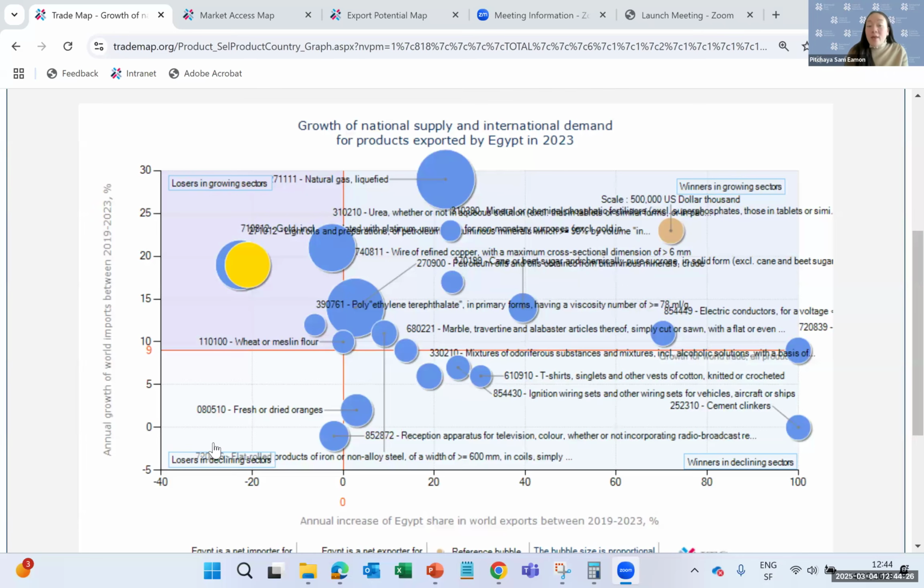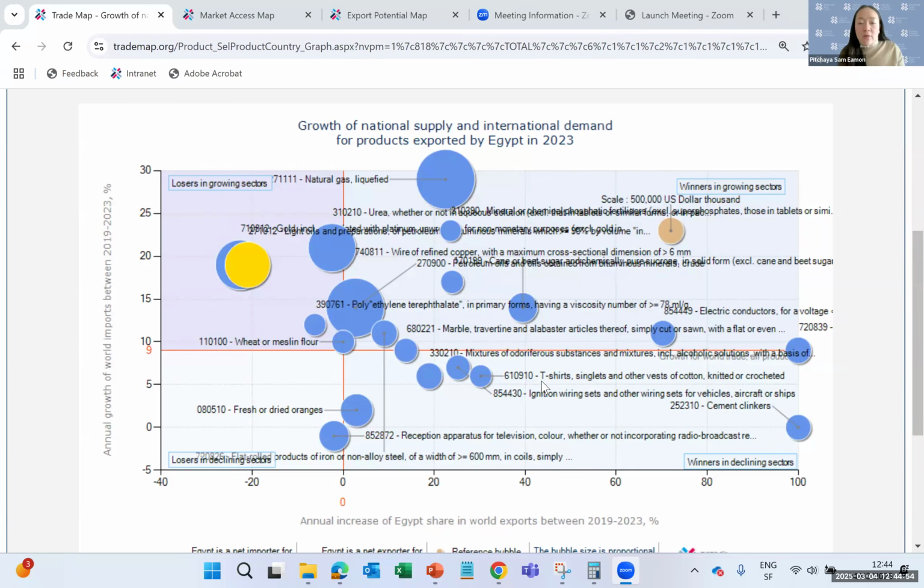Maybe less or even more support could be provided to losers in declining sector. Maybe they will identify the opportunities to move up the value chain, or winners in declining sector. This is the same, that maybe moving up the value chain is a possibility in order to not become stagnant over time.